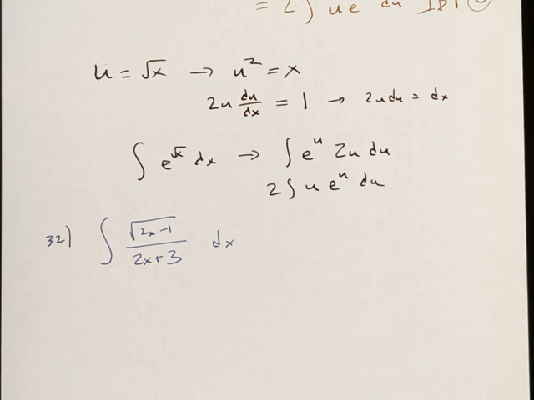It really does. I don't like it at all. What am I going to do with a square root and a fraction in the process? Really, I'm going to need more than one trick.